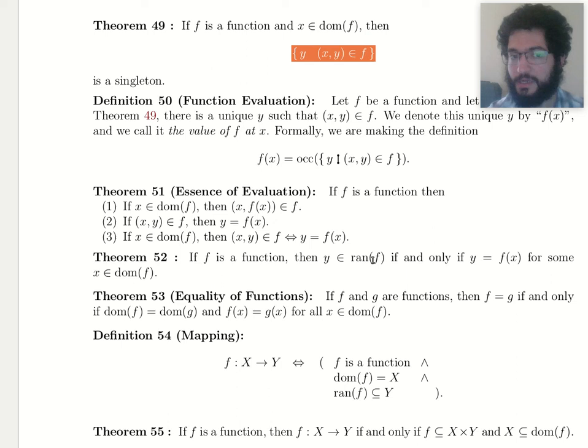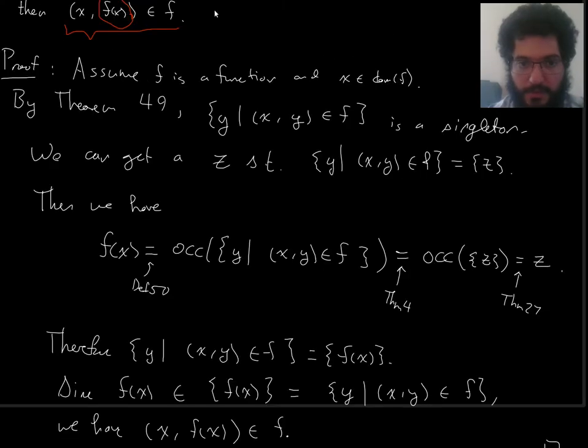And so we can pull the same trick that we did back in theorem 51.1, where we got a z so that this thing is singleton z, and then we wrote f of x as the occupant of that singleton. And so this was this, and it seems like from there we can do this theorem.